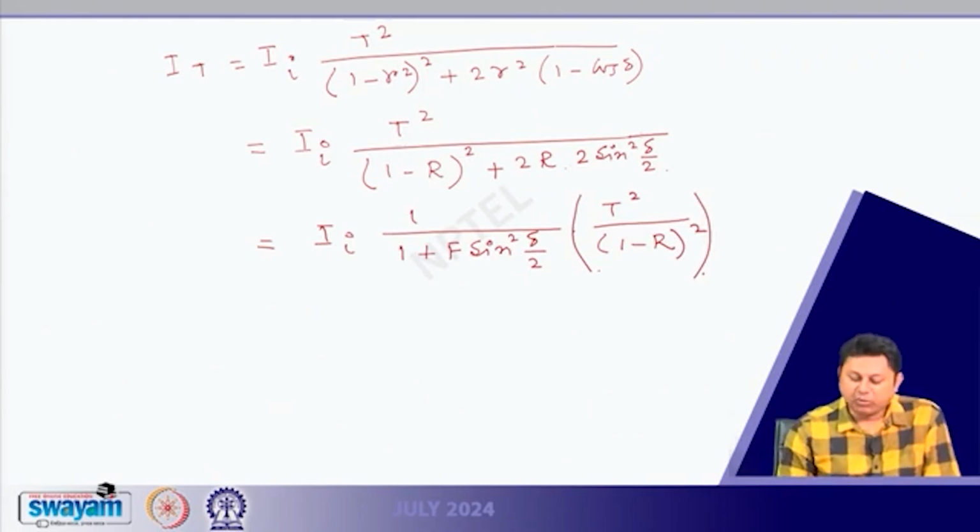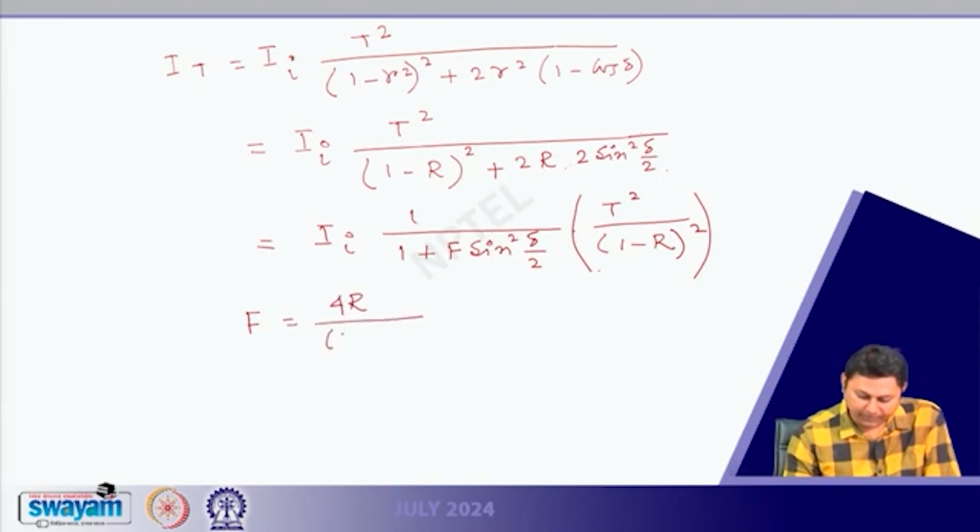So, that means I take 1 minus R square common, and then we have 4R divided by 1 minus R whole square. So, my F that we define should simply be 4R divided by 1 minus R square of that.